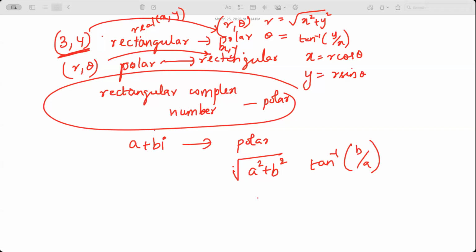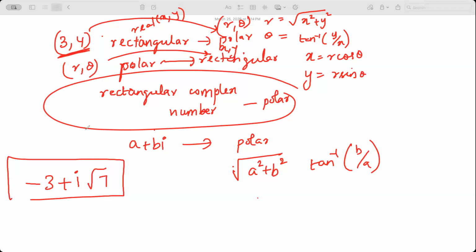Okay. So minus 3 plus I root 7. I would really like you to do minus 3 plus I root 7. If I give this rectangular complex number, would you be able to change it to polar coordinates? I really want you to be able to do this.